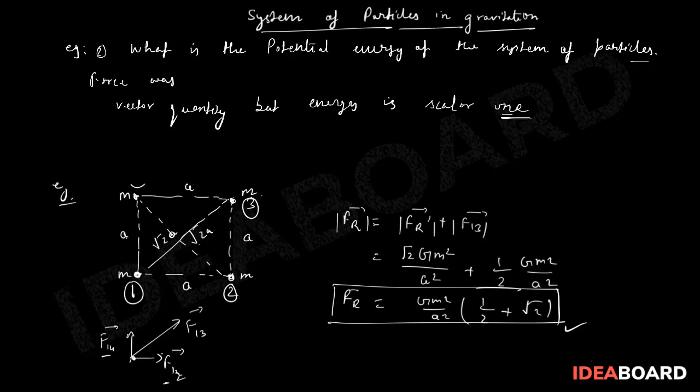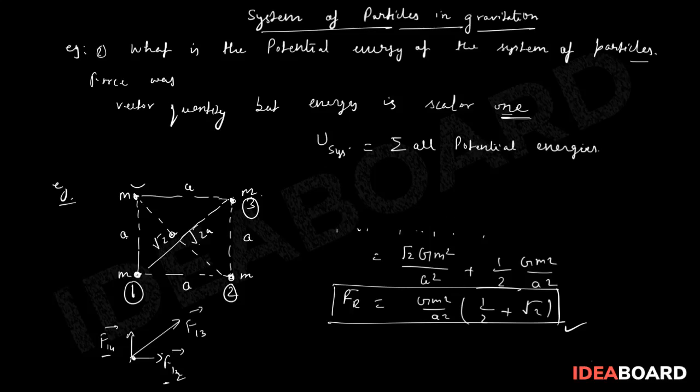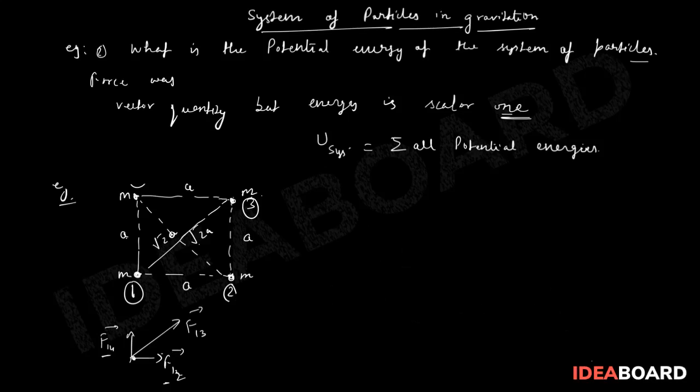So that means we can say U system is the summation of all potential energies. That means we have to consider all particles if we wanted to talk about a system.